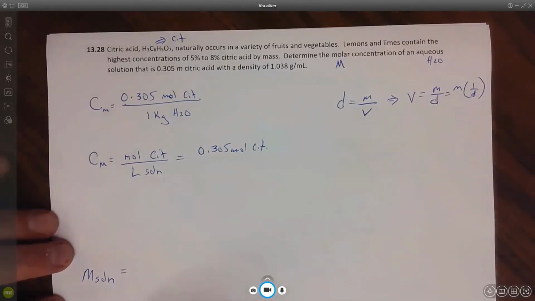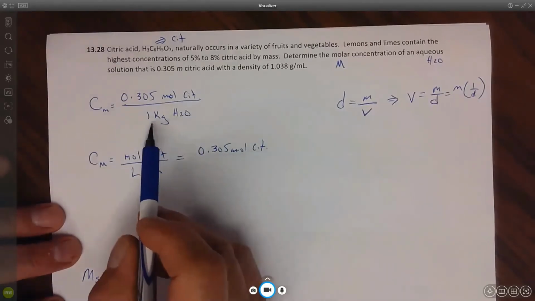Mm-hmm. We know the mass of the water? Yeah, technically we could solve for it. Okay, so what's the mass? Well, if it says there's only 1 kilogram of water, then shouldn't we just convert it to grams? And yeah, then there's 1 kilogram of water.